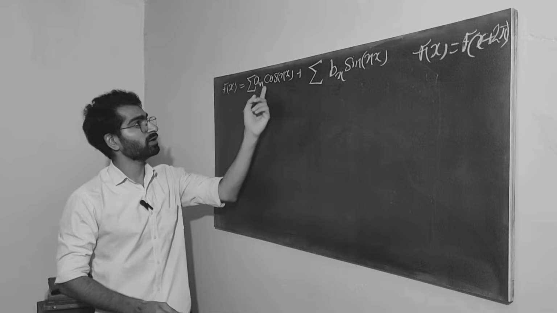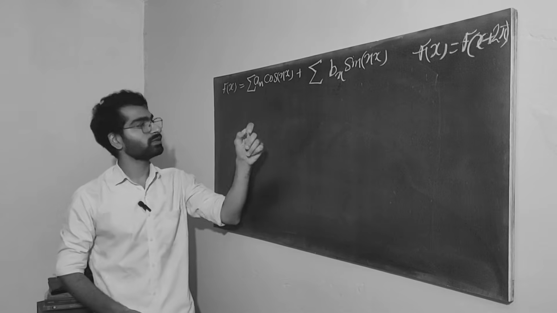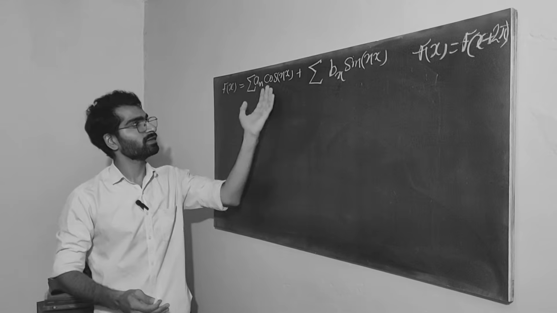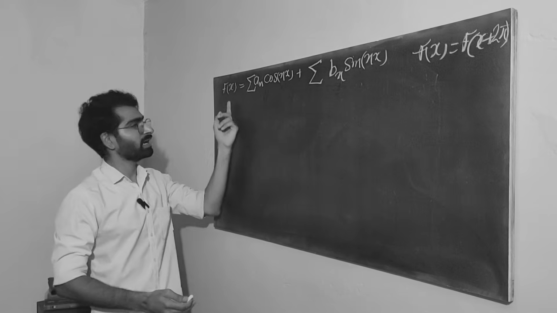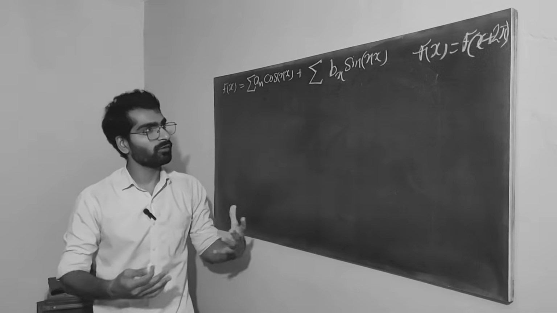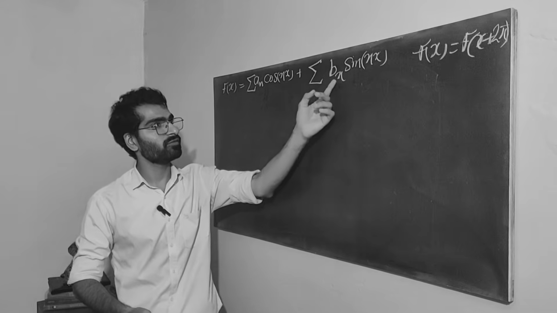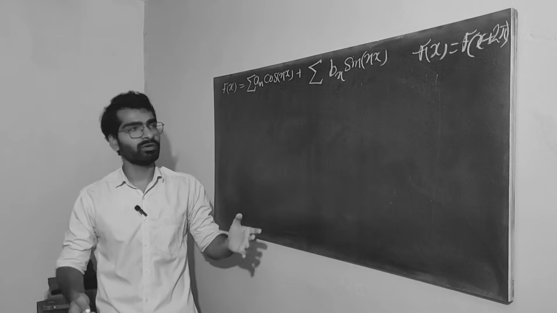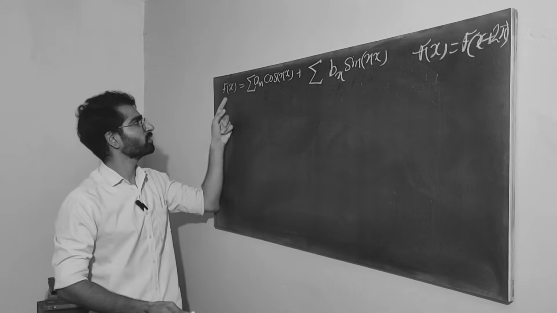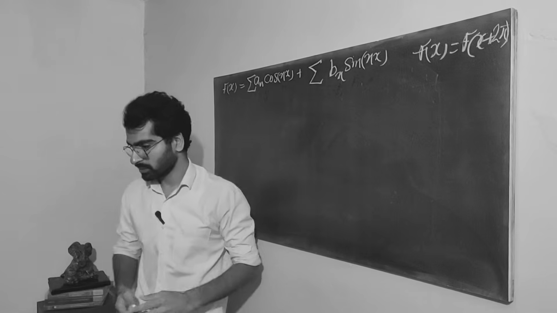So if you have here cosine of 7x, then a7 would tell you what fraction of that cosine wave will end up in the function. If you have here sine of 5x, then b5 is going to tell you how much of that sine function will contribute in making the main function.